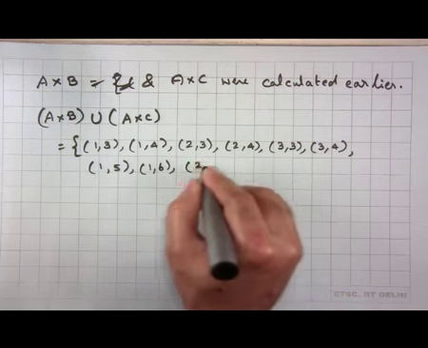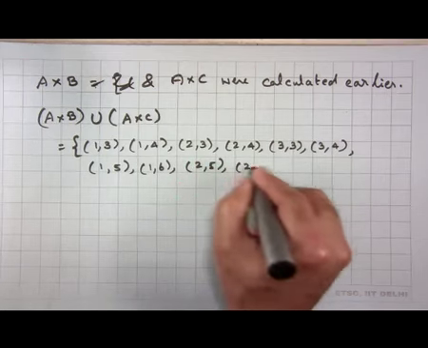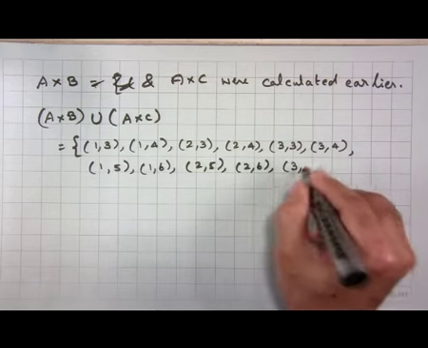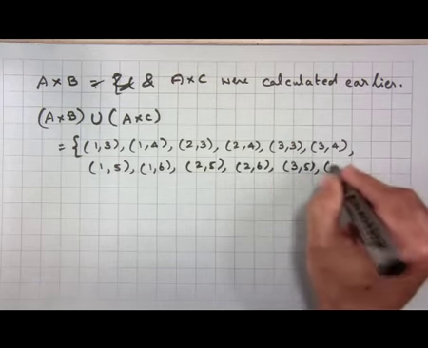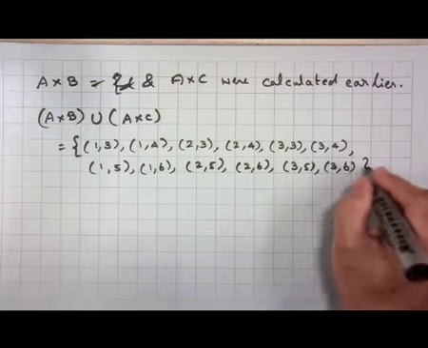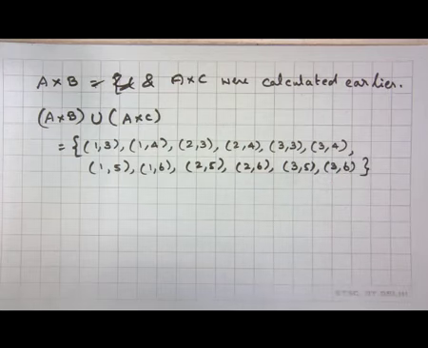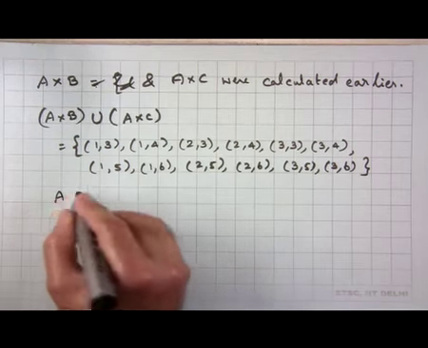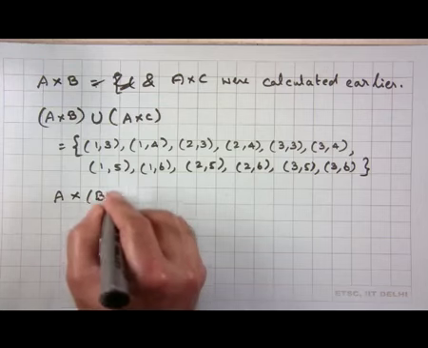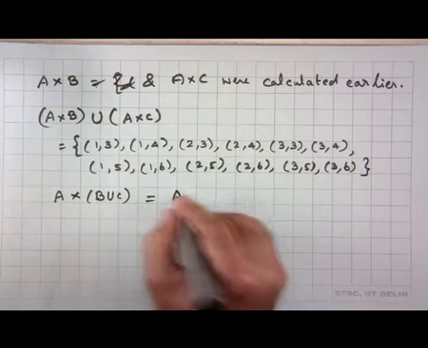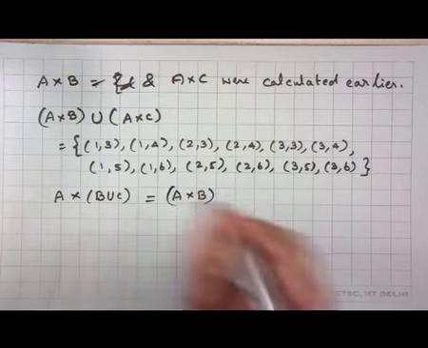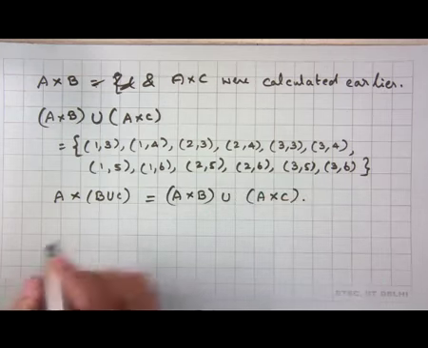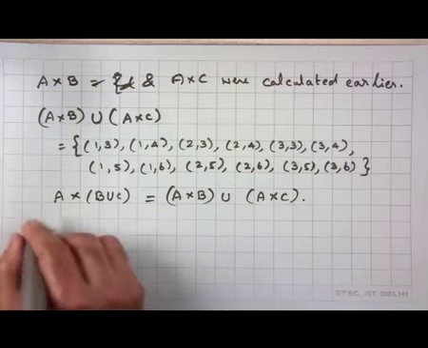So, we will have (2, 5), (2, 6), (3, 4) is already written. So, we will have (3, 5) and (3, 6). Now, again let us note the following, that A cross (B union C) is equal to (A cross B) union (A cross C), right. Now, let us do one more problem or an example.